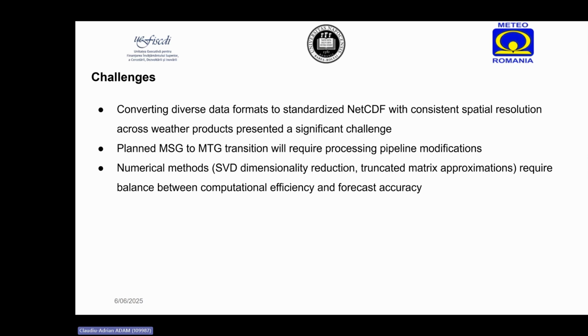And of course, with consistent spatial resolution, because as you saw, they all had different spatial resolutions, and this in itself is a challenge that is hard to mitigate, because in this step we will have data loss, and this is a problem.